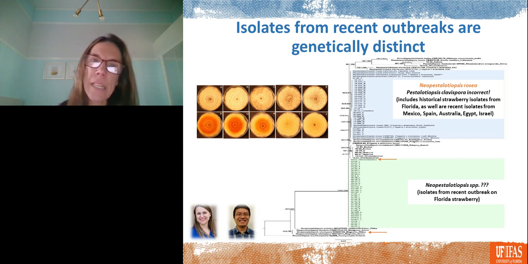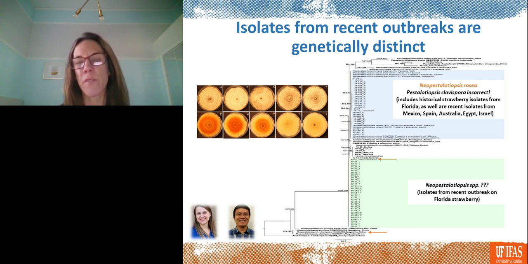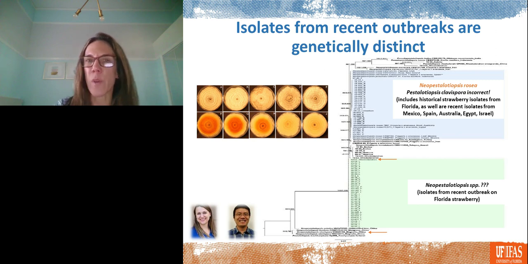What this slide shows is that the bottom of the slide with all the green numbers are isolates that were recovered in the past 2 seasons when we have had this problem. Everything in the blue box above were isolates from previous years in Florida, previous seasons, or from other areas that are reporting problems with Neopestalotiopsis, like Mexico, Spain, Australia, Egypt, and Israel.